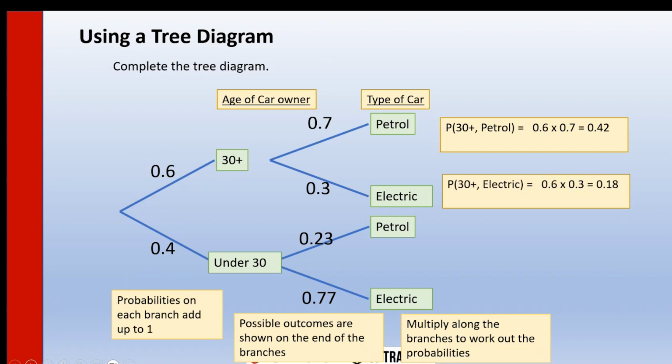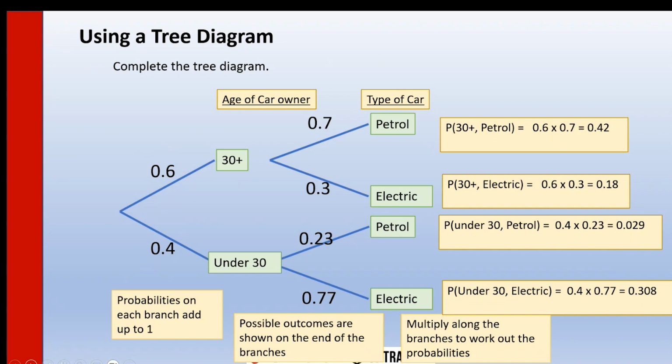And same with the over 30s and the electrics, we'd have 0.6 times 0.3, which is 0.18, then under 30s and petrol, and the under 30s and electric. And you notice there, if you add up the totals of 0.42, 0.18, 0.092, and 0.308, you'll get 1.